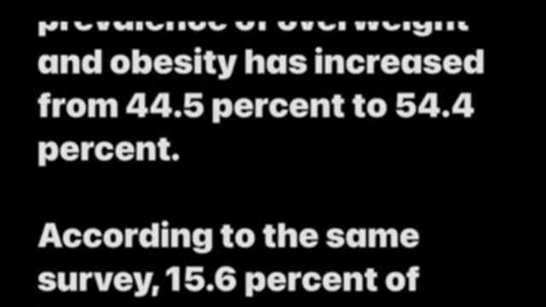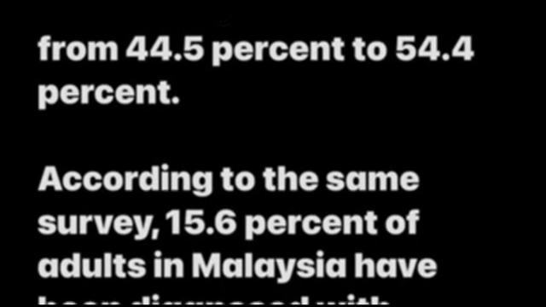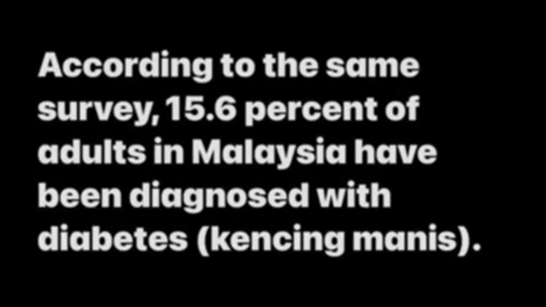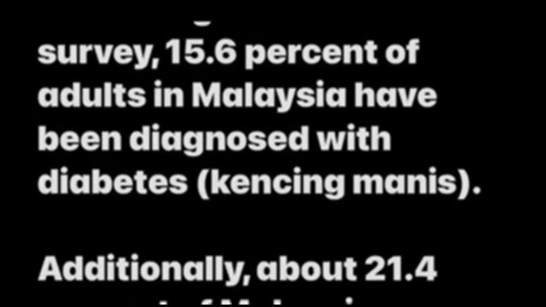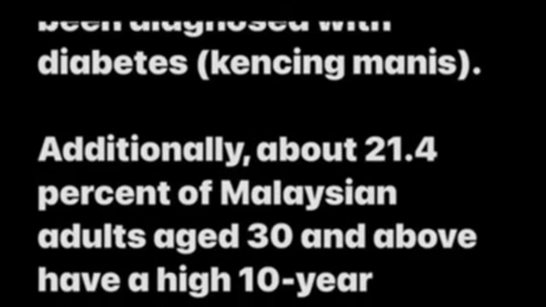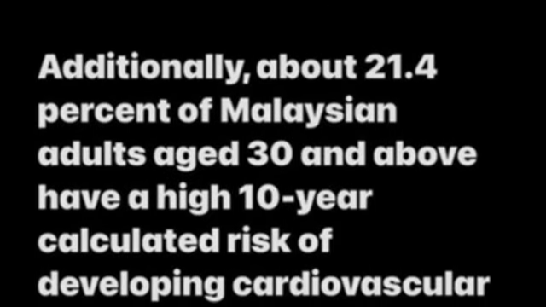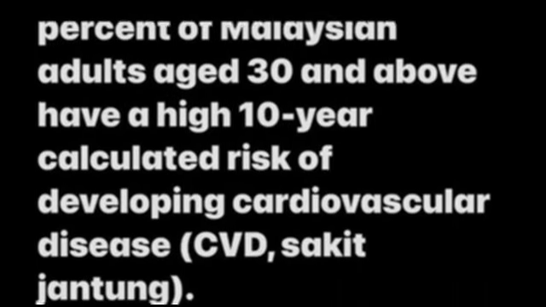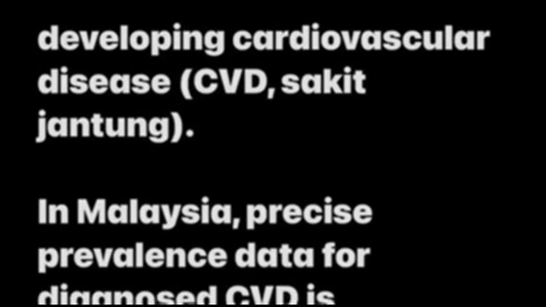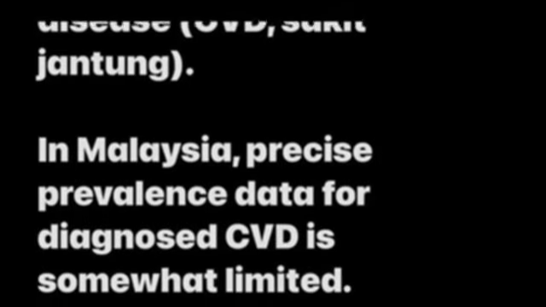According to the same survey, 15.6% of adults in Malaysia have been diagnosed with diabetes, kencing manis. Additionally, about 21.4% of Malaysian adults aged 30 and above have a high 10-year calculated risk of developing cardiovascular disease, CVD, sakit jantung. In Malaysia, precise prevalence data for diagnosed CVD is somewhat limited.